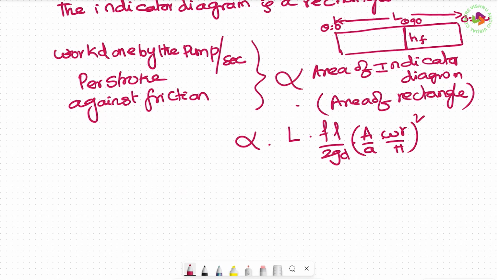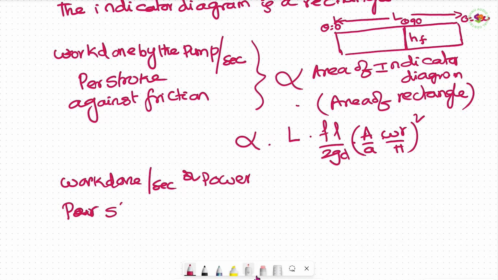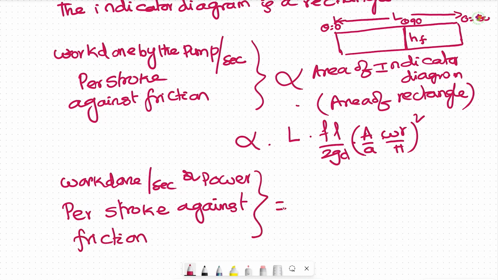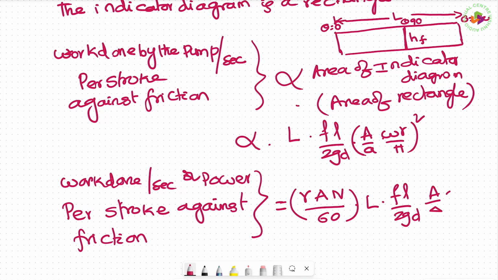And now the work done per second, or power, per stroke against friction is equal to gamma a N by 60 into K, the constant of proportionality, into L into FL by 2gD into (A by a, omega R by pi) whole square.